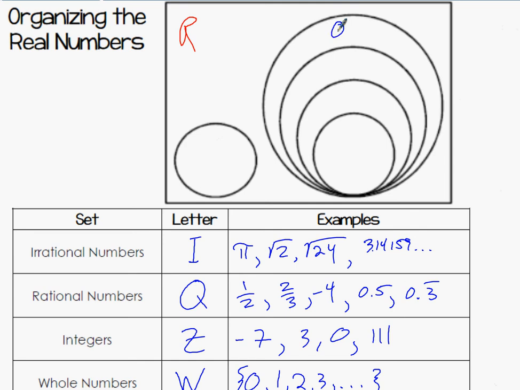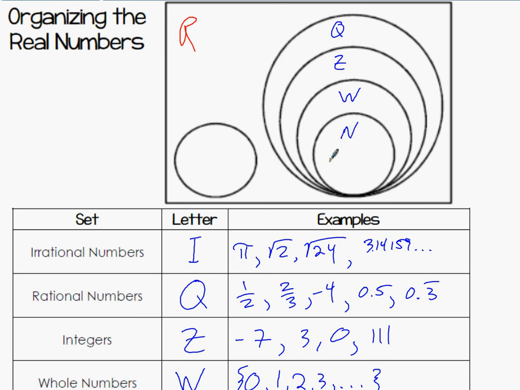Q. Good. All the rational numbers. Very good. Okay, well then, what's the biggest subset of rational numbers? Integers. All the rational numbers with 1s on the bottom. And then a smaller part of that would be the whole numbers. And a smaller part of that would be the natural numbers, right?